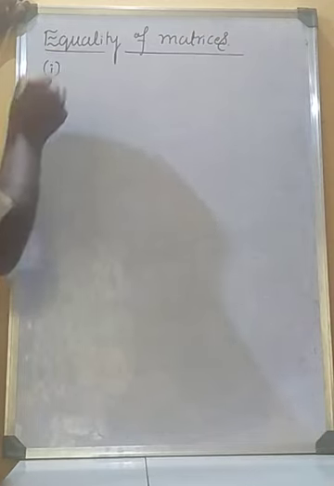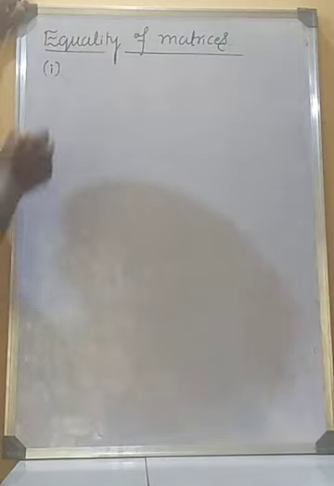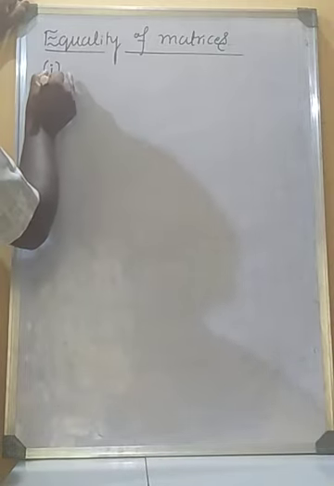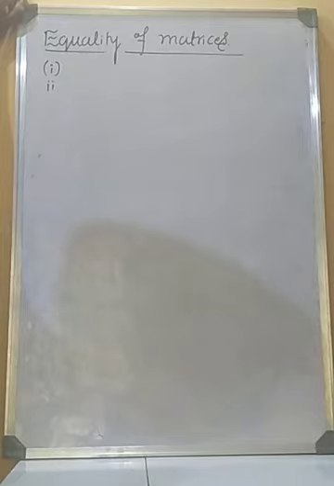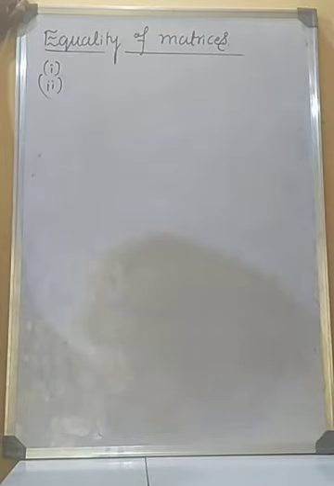Second point, every element of matrix A is equal to the corresponding element of matrix B. So these two points are very important: they are of the same order, and every element of matrix A is equal to the corresponding element of matrix B.